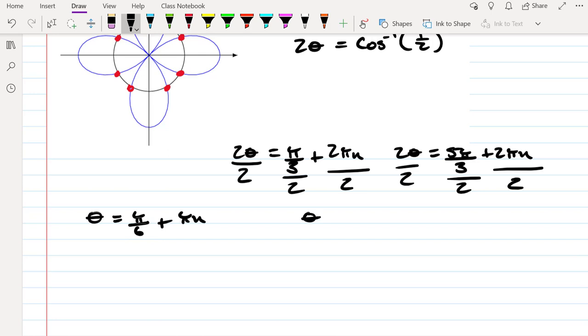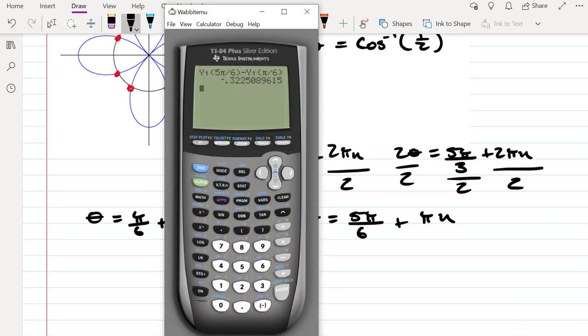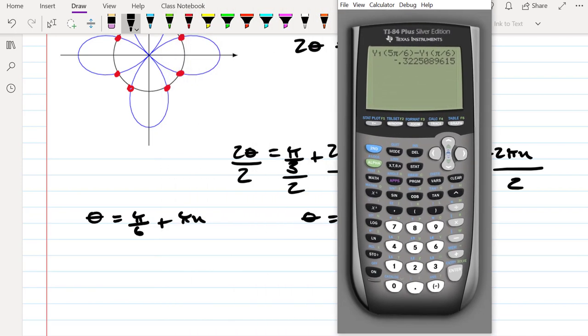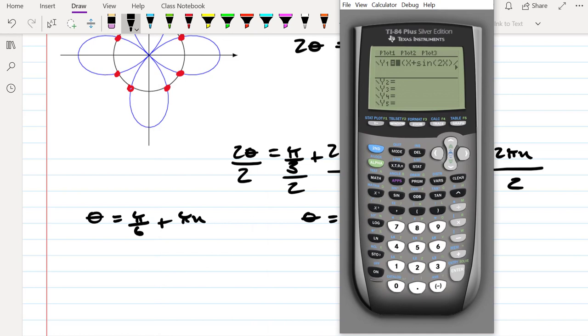And we get theta is equal to 5 pi over 6 plus pi n. Okay, so let's find or visualize a few of these multiples. So I'm not going to include the pi, but let's put these in here really quick.